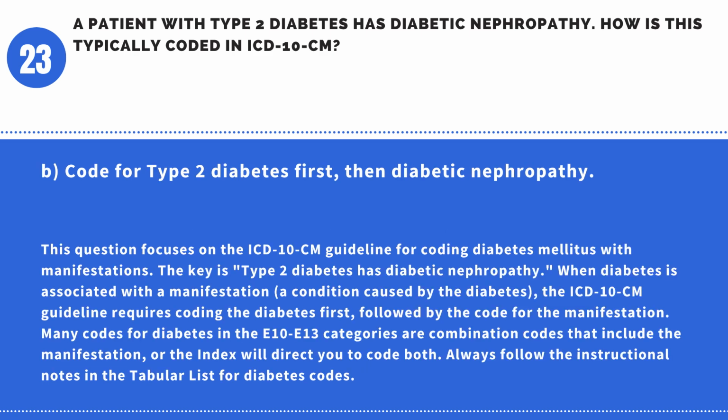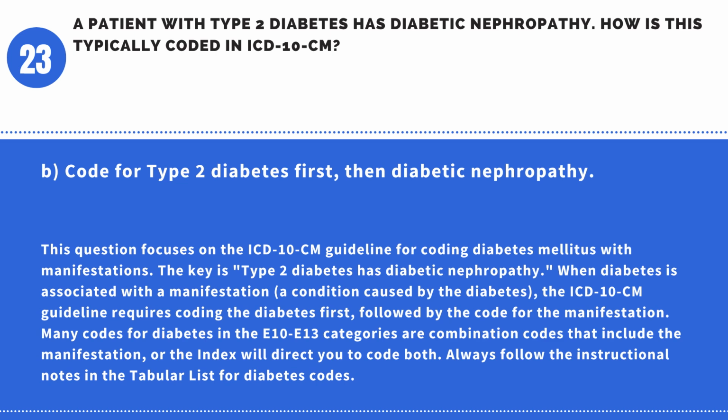Answer B. Code for type 2 diabetes first, then diabetic nephropathy. This question focuses on the ICD-10-CM guideline for coding diabetes mellitus with manifestations. The key is type 2 diabetes has diabetic nephropathy.